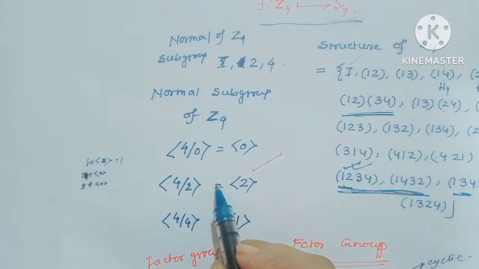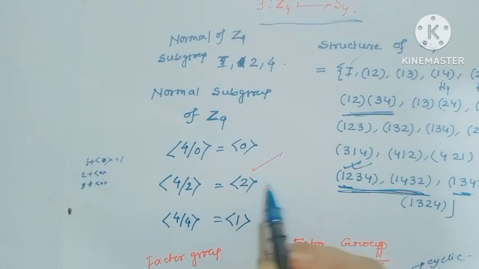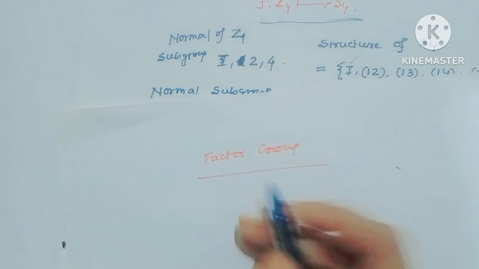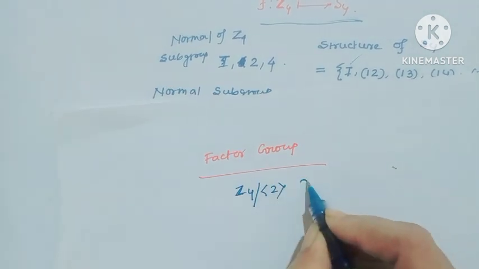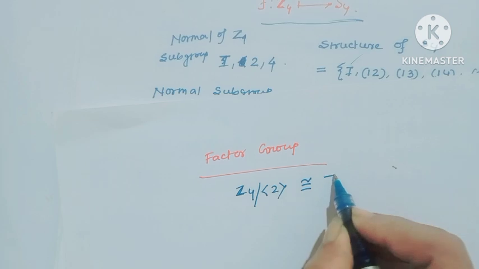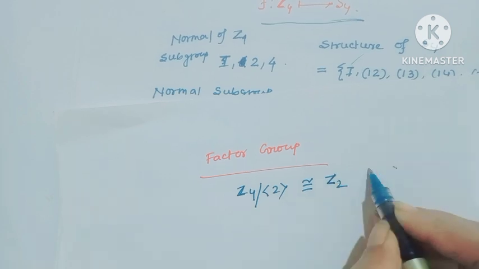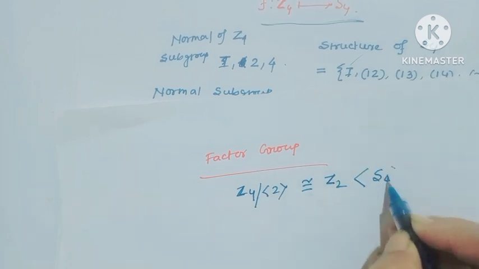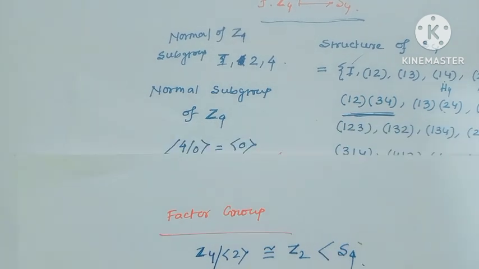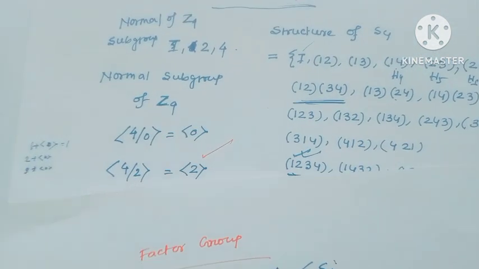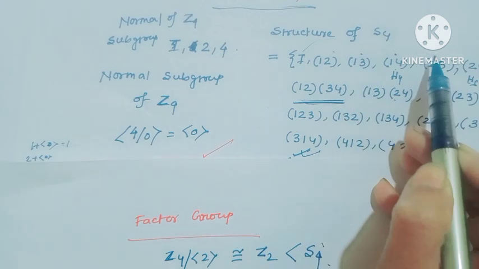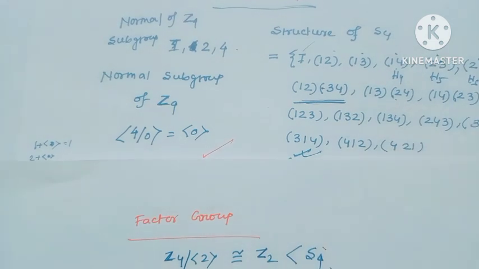The next factor group would be Z4 modulo the cyclic subgroup generated by 2, and this is isomorphic to Z2. And how many subgroups of Z2 type exist in S4? Notice there are 9 elements of order 2 in S4: 1 2 3 4 5 6 7 8 9.